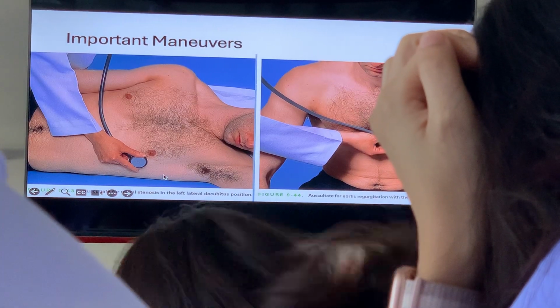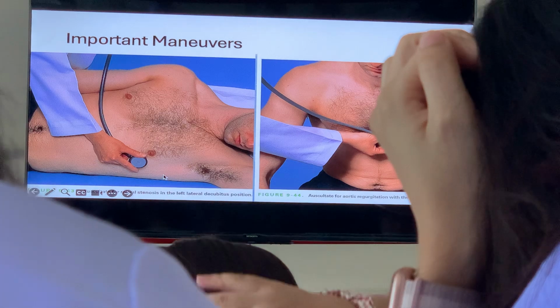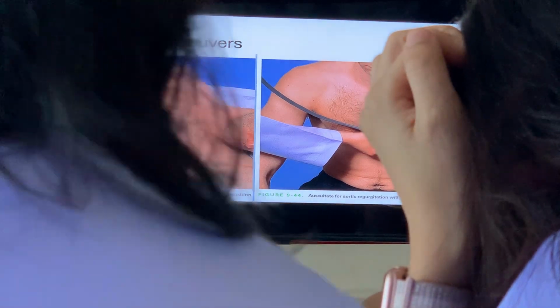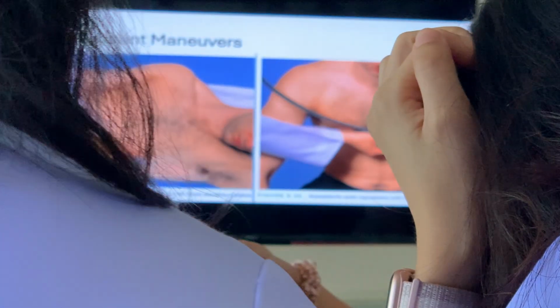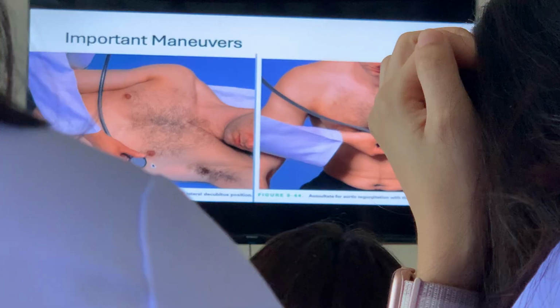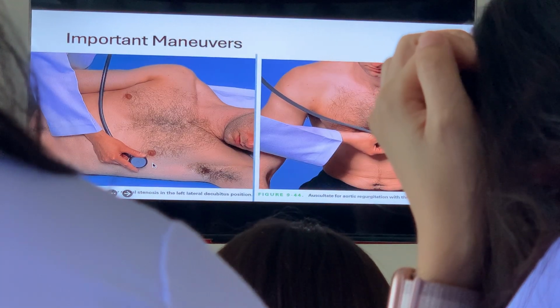For mitral valvular problems, mitral stenosis, mitral regurgitation, you hear that best at the mitral area. That's why it will be accentuated more when you turn to the left side.